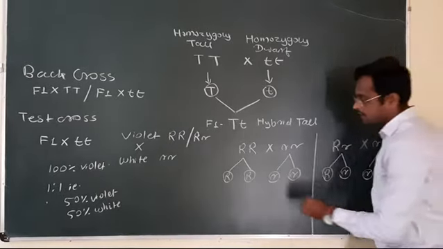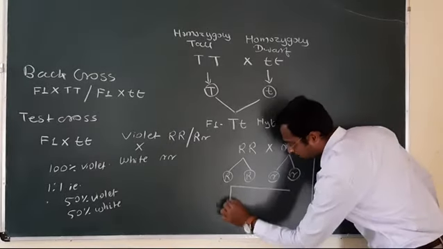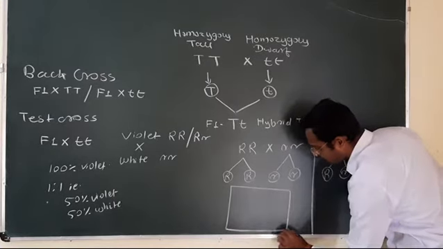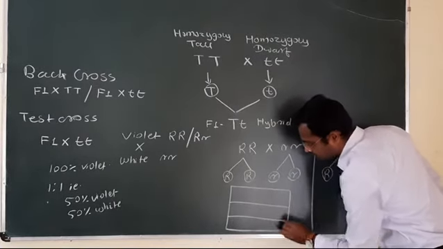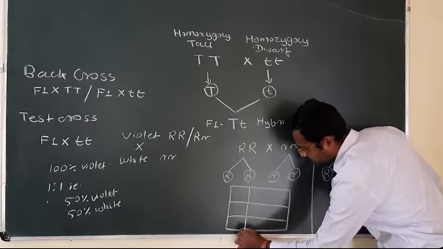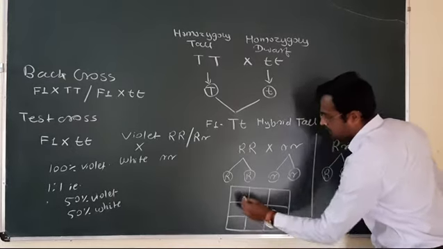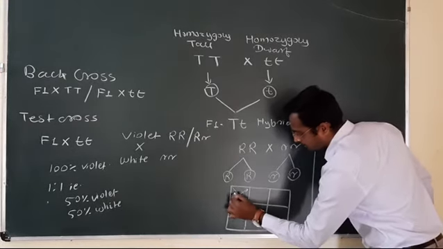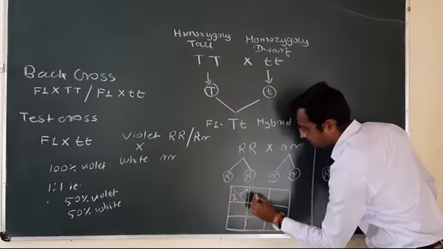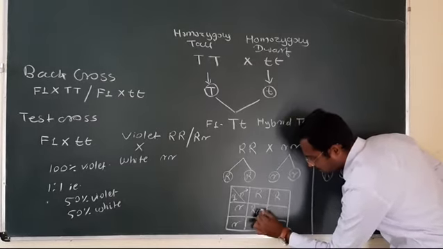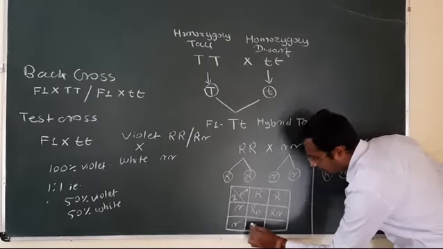Now put these gametes in the checkerboard. Male, female, capital R, small r. Here, capital R, small r, capital R, small r.